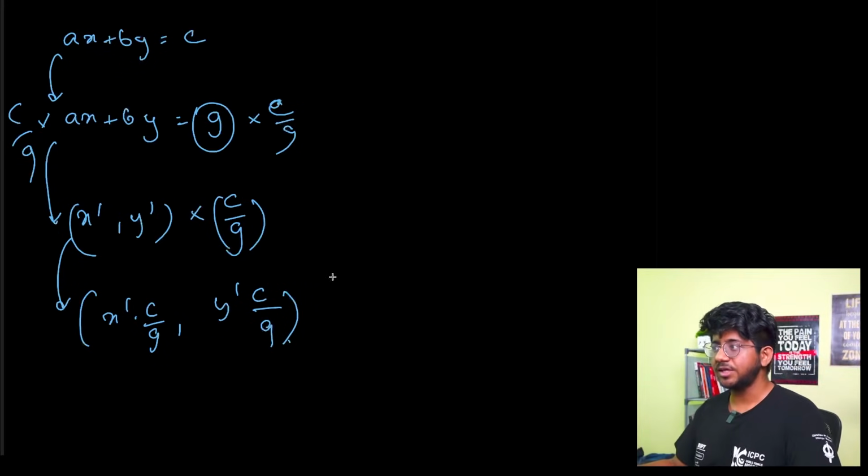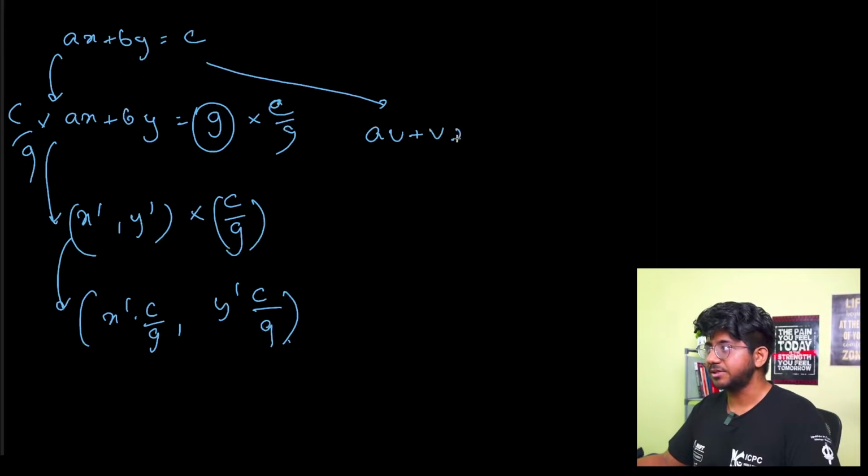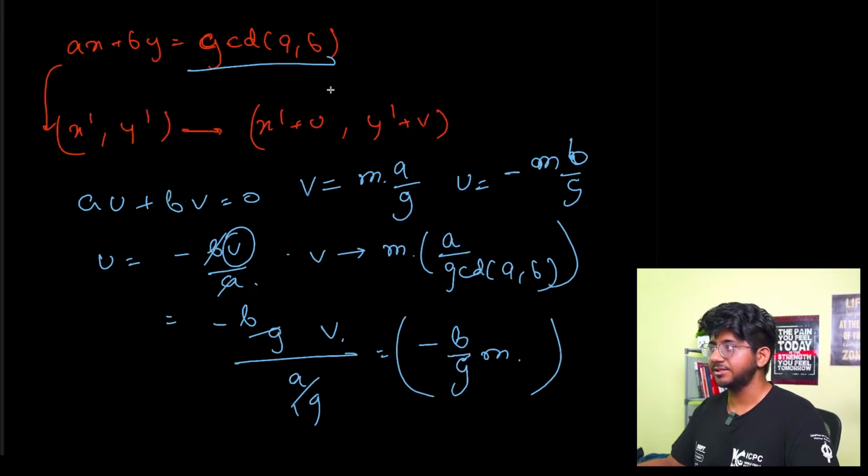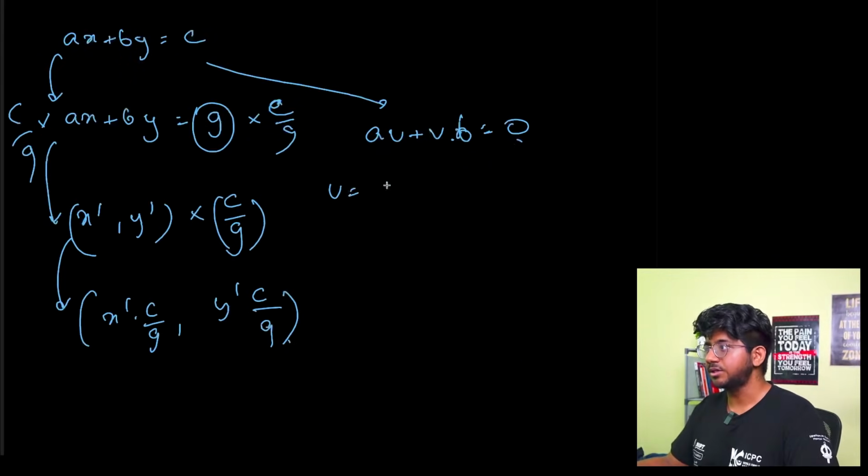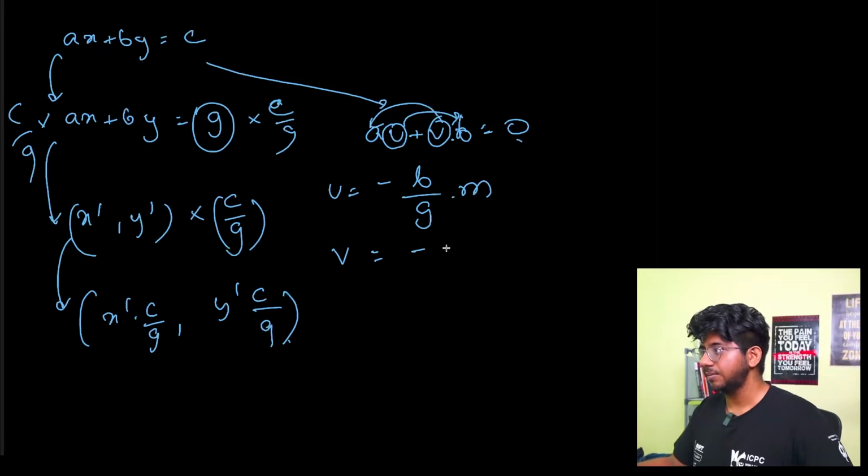So what we do is we get to the core equation, which is a times u plus v times b equal to 0. We try to solve this, and we know from the last slide that we already did this. We got u is equal to minus b by g times m. v comes from the other variable, not minus, a by g times m.